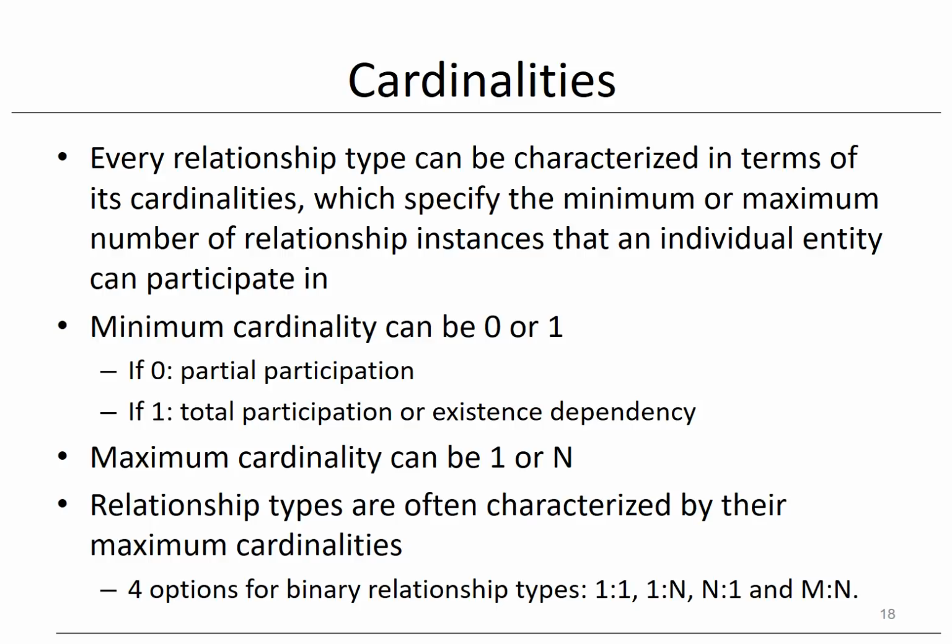Note that n represents an arbitrary integer number bigger than 1. Relationship types are often characterized according to the maximum cardinality for each of their roles. For binary relationship types, this gives 4 options: 1 to 1, 1 to n, n to 1, and m to n.